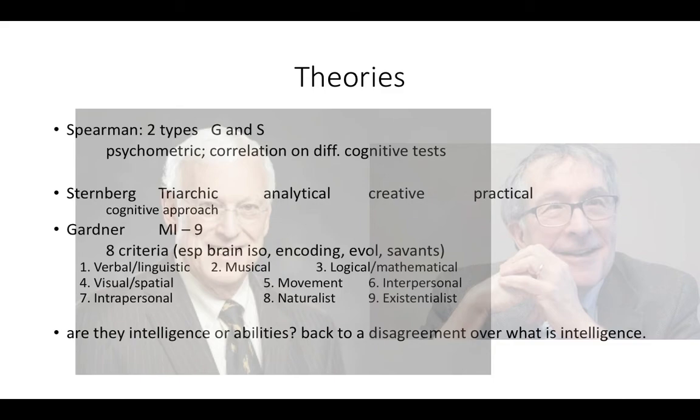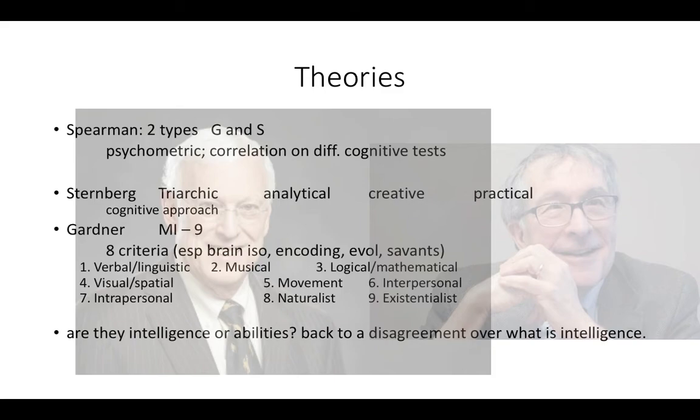Intrapersonal, knowing yourself. And I think even up to those 7, most people would buy in that those are specific things that people have varying levels of competency in. I think naturalist and existentialist is a little more troublesome for people, and I'll leave that to you to decide which ones you buy into.